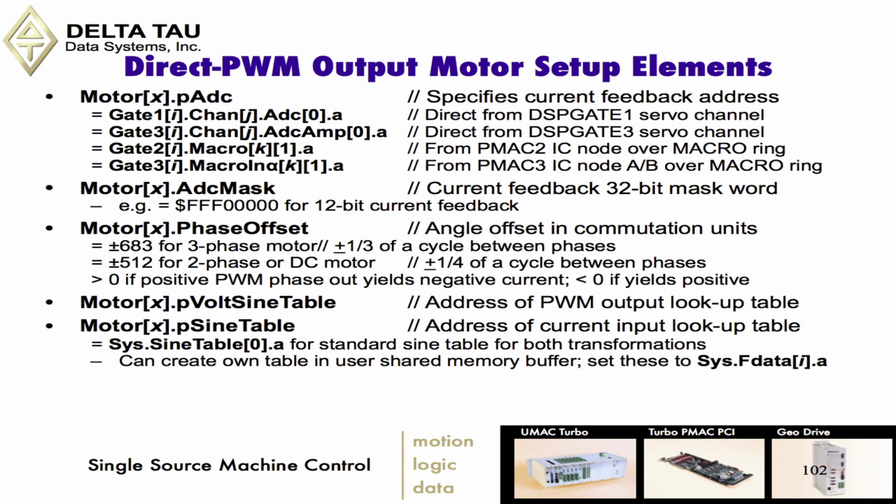And then the address of the PWM output lookup table and the address of the current input lookup table. So that's the PVoltSineTable and PSineTable, Motor[x].PVoltSineTable and SineTable. Both of these will look at our standard sine table for both of these transformations. You can also create your own sine table in user shared memory.